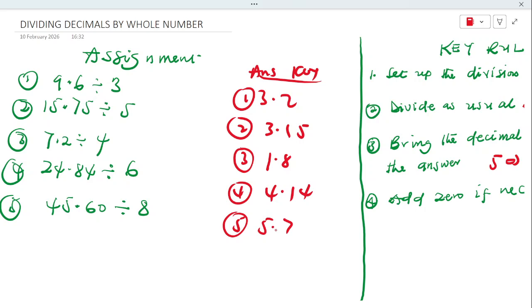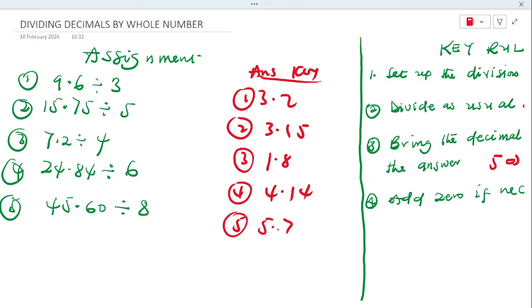Today, remember, we solved how to divide decimals by a whole number using the long division method. And then there are some key mistakes that people usually make, which I will encourage you to avoid. One is forgetting to bring the decimal straight up, and then after solving, you forget to bring it back. It will make your answer wrong.